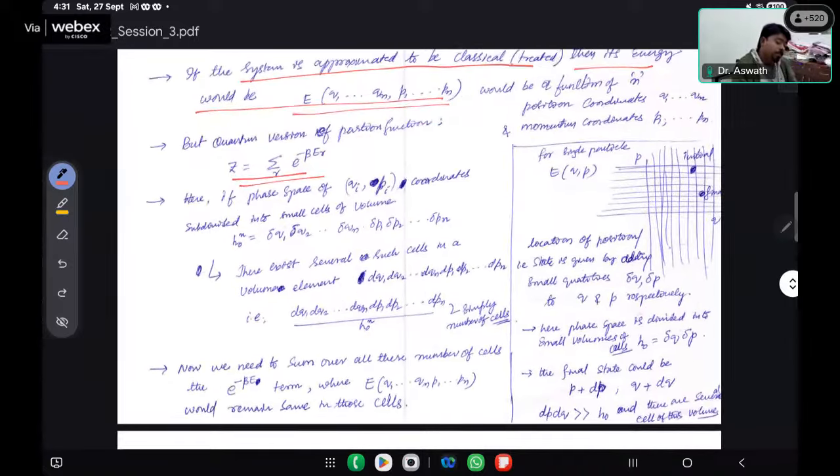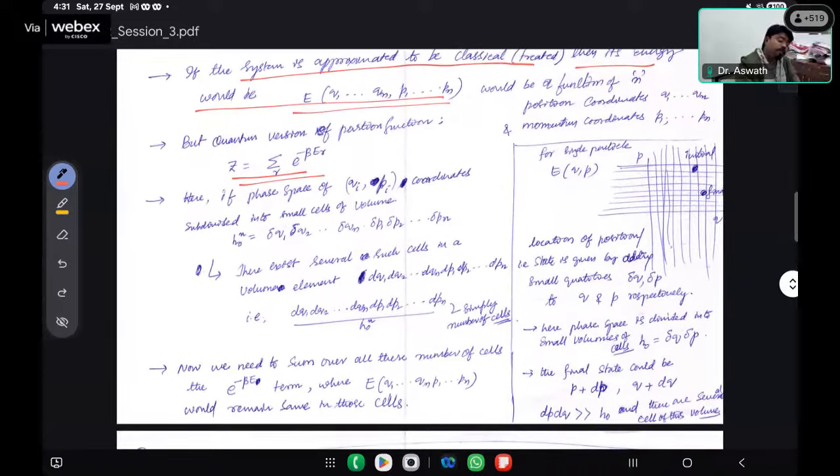Now if you see, earlier we used a phase space representation where momentum would increase in such a direction, position increase in such a direction. There is a small change in momentum and small change in position. If you multiply, you get a small unit in that phase space.